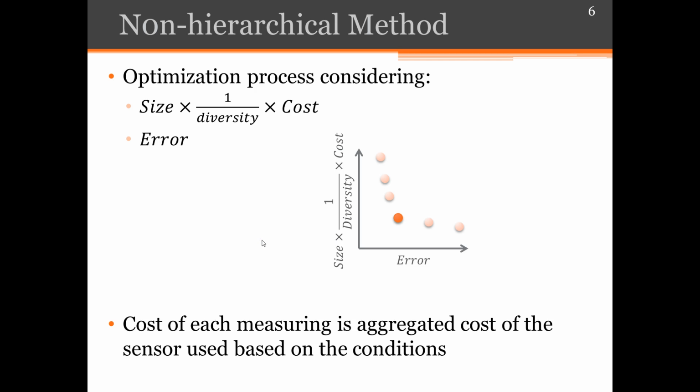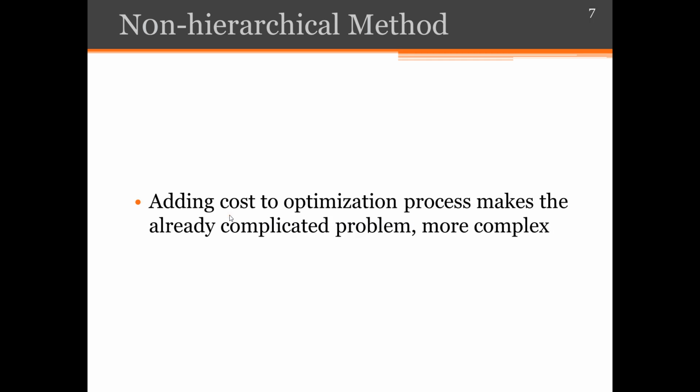Now we have answered those two problems that genetic programming has. The problem with this is that adding the cost to an already complicated problem makes it even more complex.